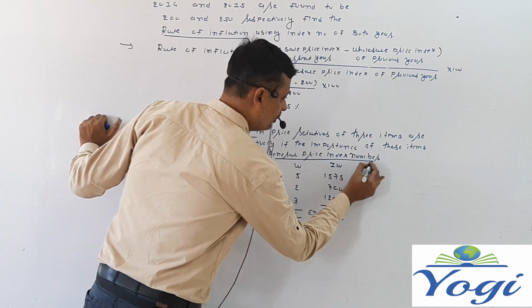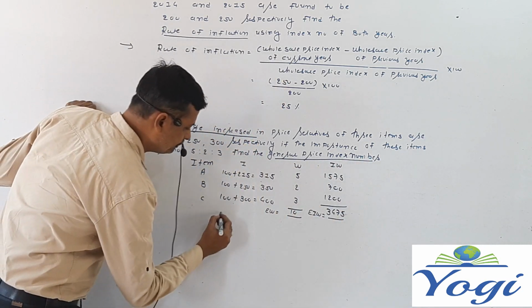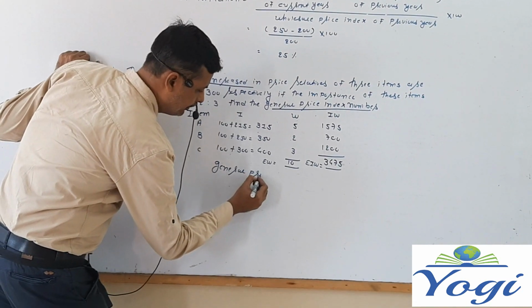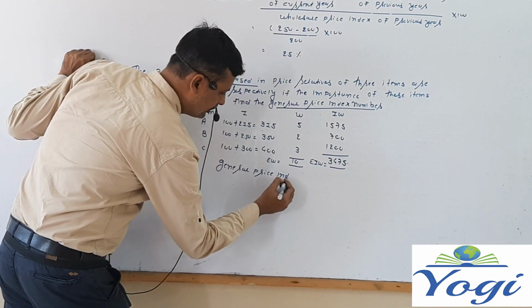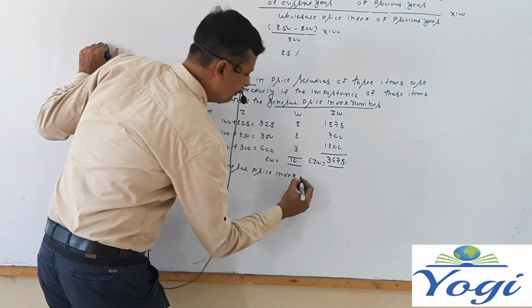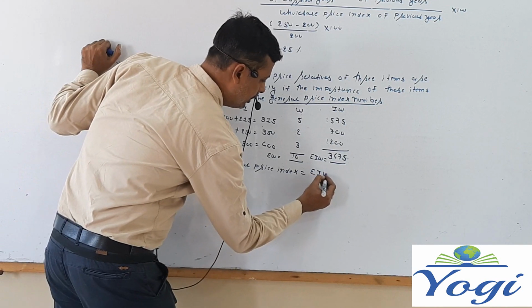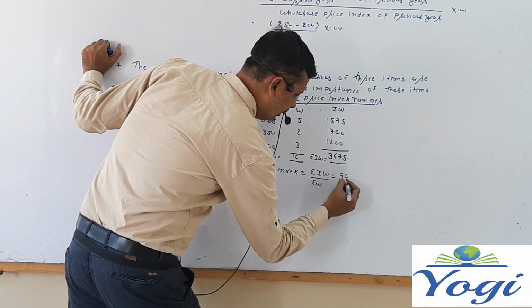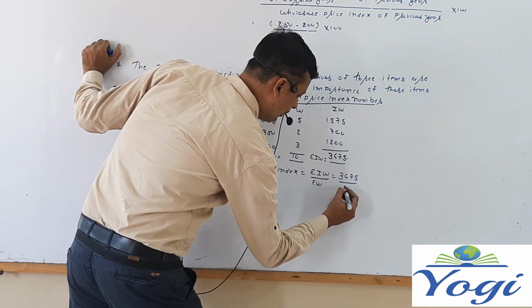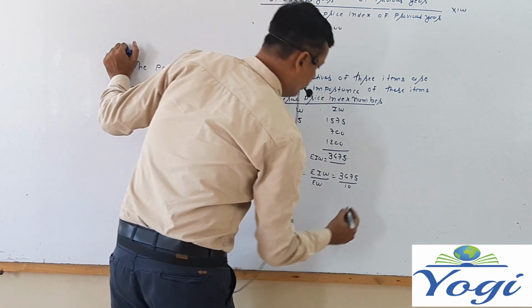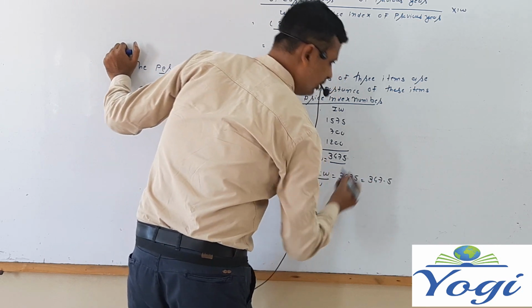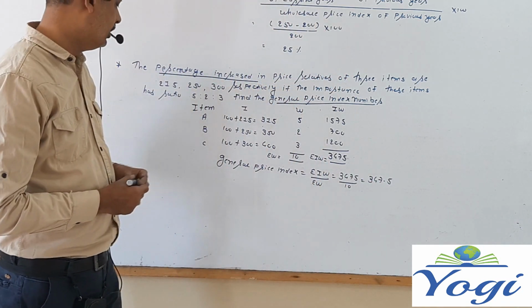Requirement: general price index. So the general price index number is equal to sigma IW upon sigma W. 3,475 upon 10, so 347.5.